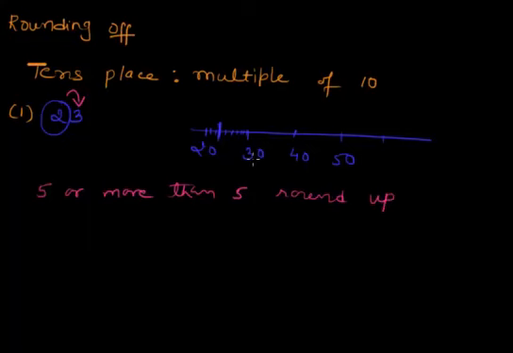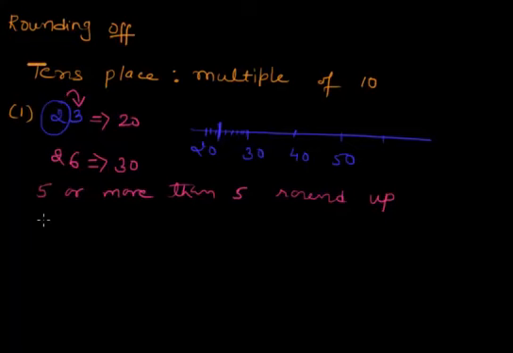Then 30 would have been the answer instead of 23. If your question is 26, then rounding off gives 30 as the answer, and here it's 23, so rounding off gives 20. Because 5 or more than 5, we round up, or increase the value of 2 by 1. We increment this 2 by 1, and we say that 30 is the answer.